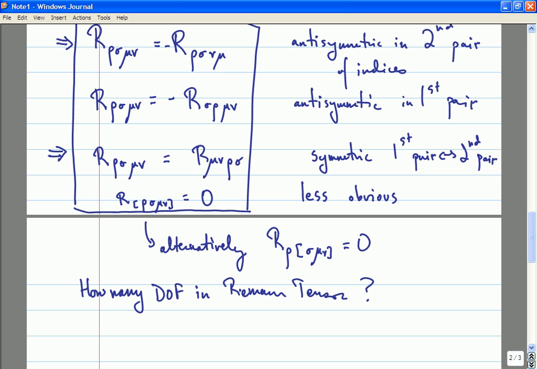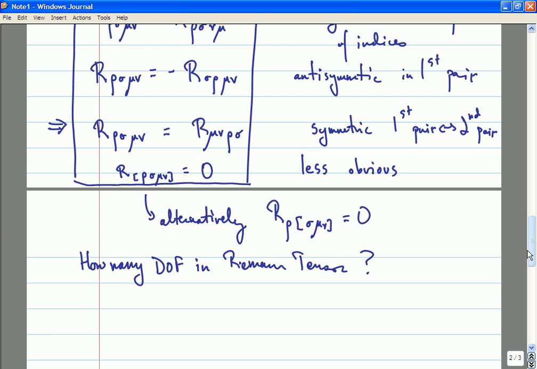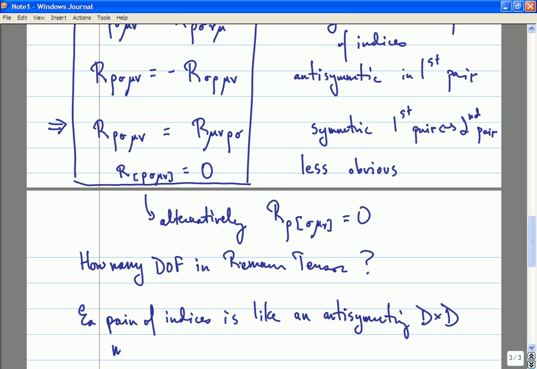And how many degrees of freedom are described by the first pair of indices? Well, each individual pair of indices looks like an anti-symmetric D by D matrix. Right? That's what the first two identities are telling you. So each pair of indices is like an anti-symmetric D by D matrix, which has, let's see, D times D minus 1 over 2 degrees of freedom.